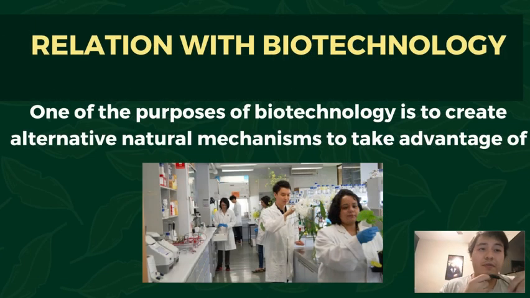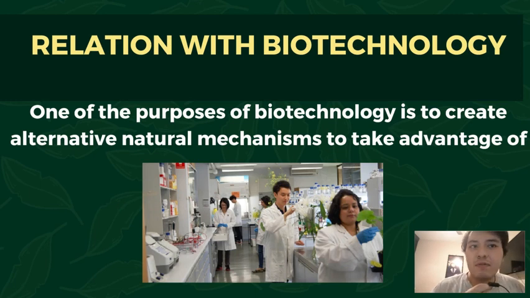Well, now we have a very good question: what is the relationship between biotechnology and artificial photosynthesis? If you don't know, one of the main purposes of biotechnology is to create alternatives to natural ones. One of the first things that we learn in this degree is to understand how biological systems work, how these systems produce energy, how they live, and how they grow.